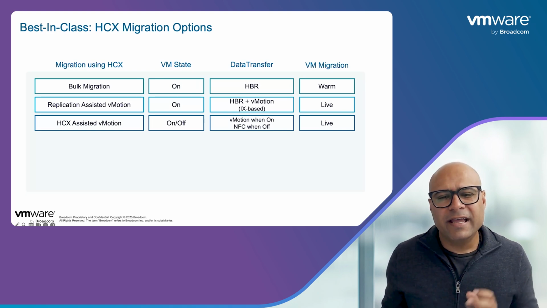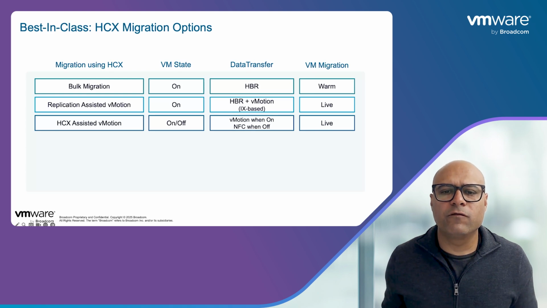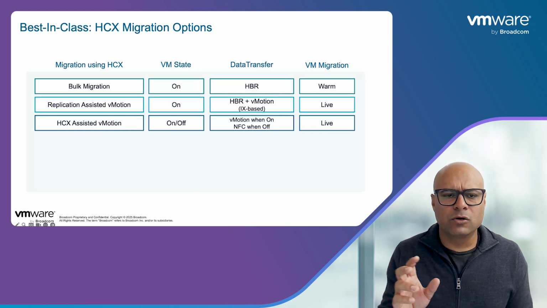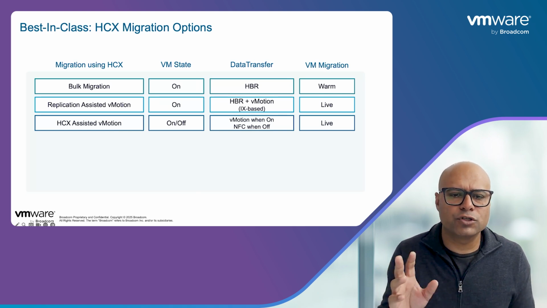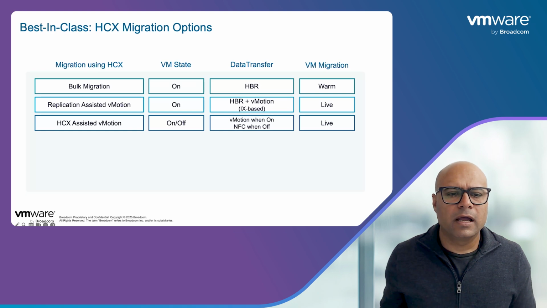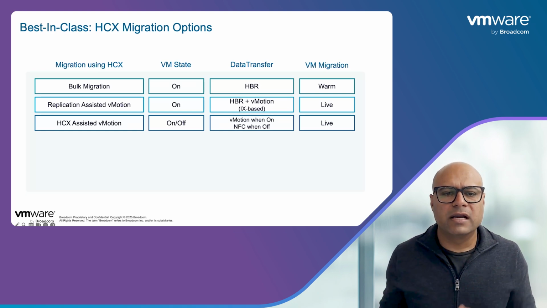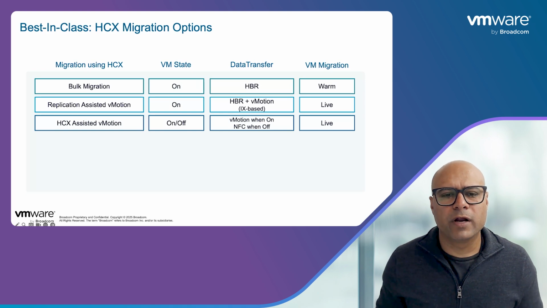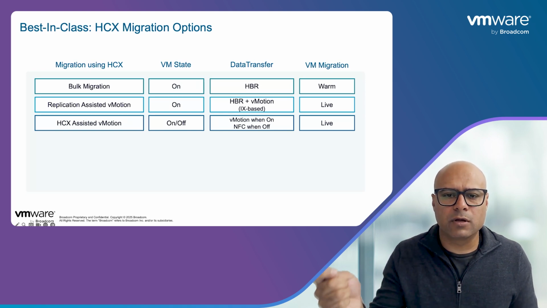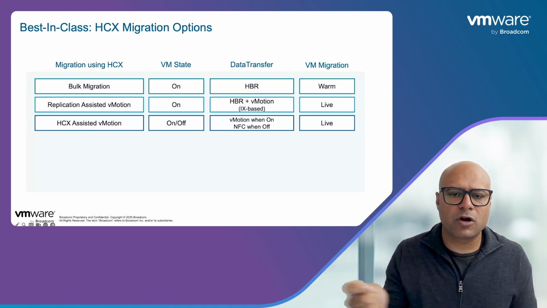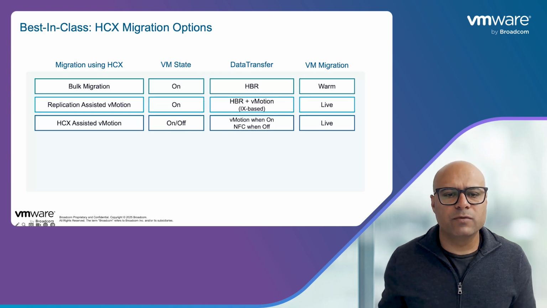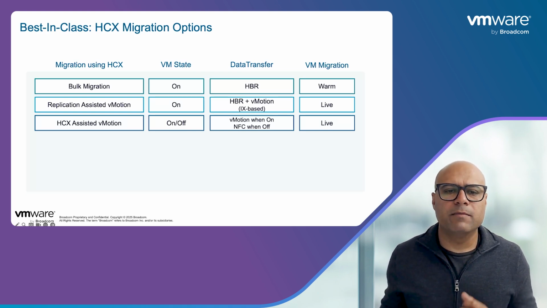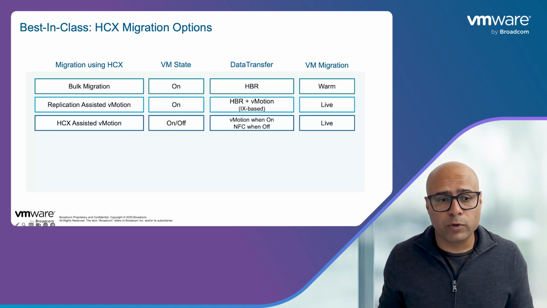Listed in the HCX documentation, we do have a few prerequisites needed for HCX vMotion. Some essential prerequisites include VMware hardware version 9 or above, or having a layer 2 network subnet wherever the migration is happening between source and target, and HCX vMotion requires 150 megabits or higher throughput.